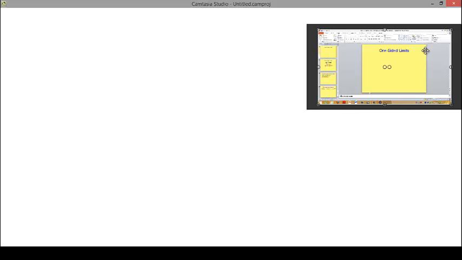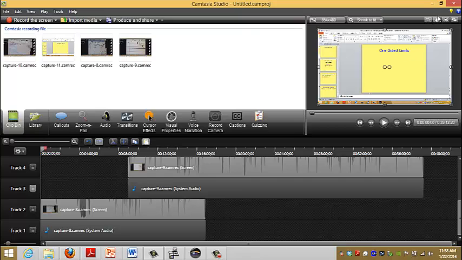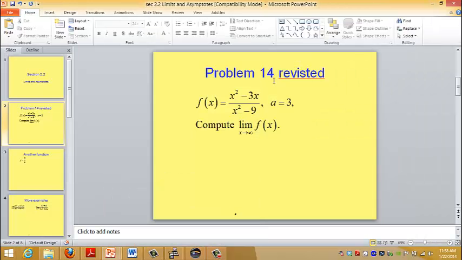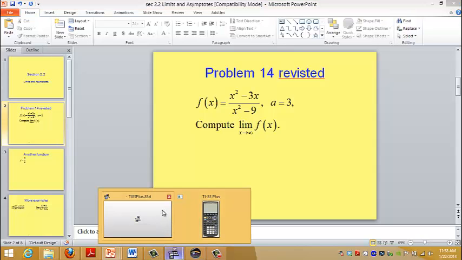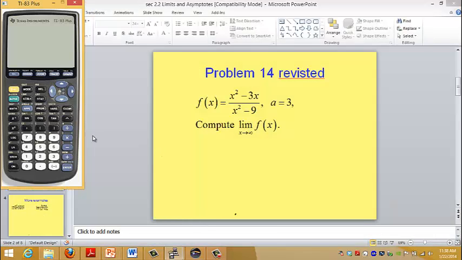Something's wrong. So let's see. X squared minus 3x over x squared minus 9. I'll put that in the y equals screen again because I want to see it. Oh, I need to change my mode or it's not going to happen.